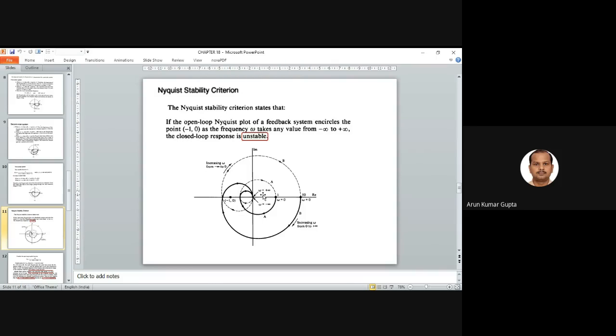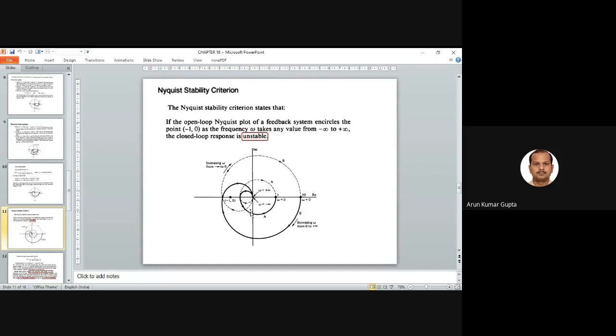So the dark line, generally we consider the dark line, and if your Nyquist plot encircles the point minus 1, 0, it means this system is unstable. This is a very easy definition, very easy criteria.